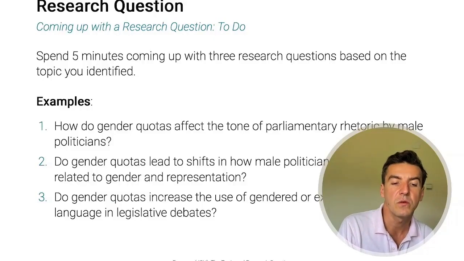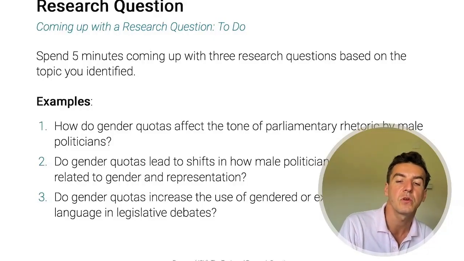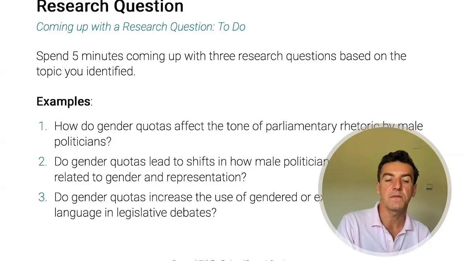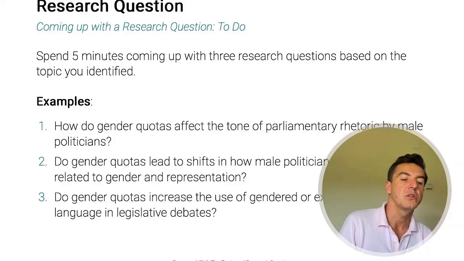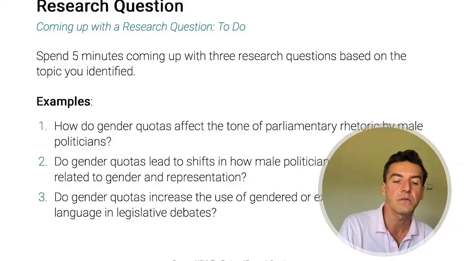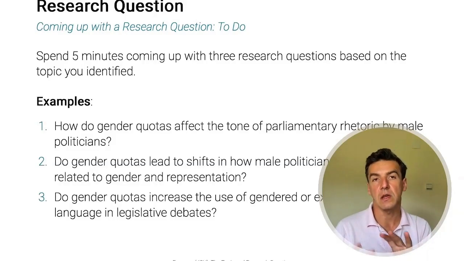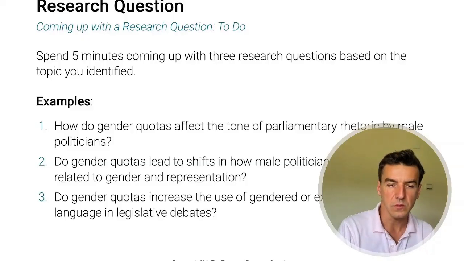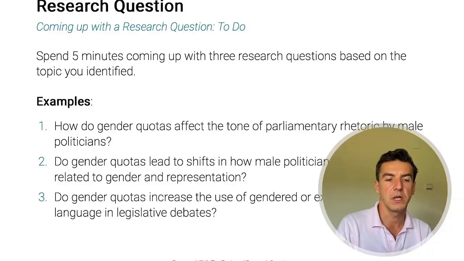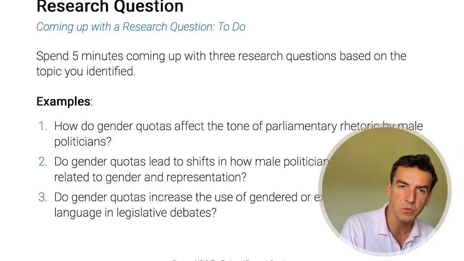How do gender quotas affect the tone of parliamentary rhetoric by male politicians? Do gender quotas lead to shifts in how male politicians frame issues related to gender and representation? Do gender quotas increase the use of gendered or exclusionary language in legislative debates? Those are 3 questions that are still about gender quotas and political representation, but they're much more specific.